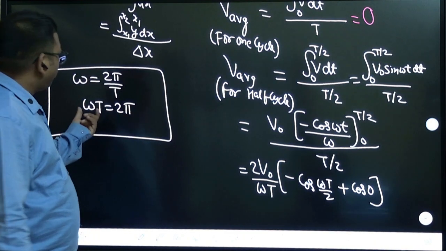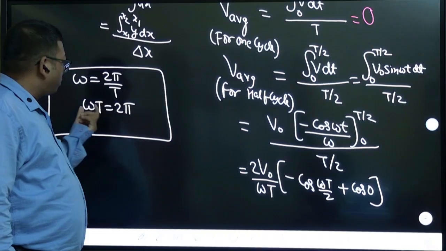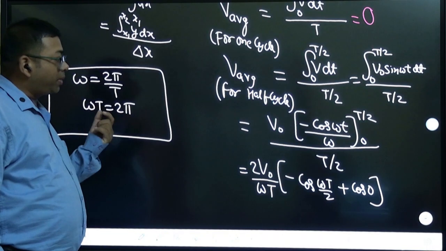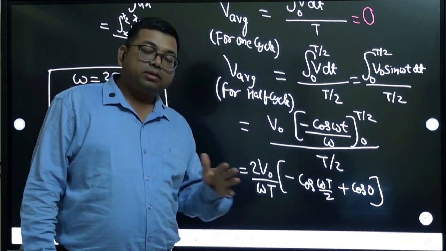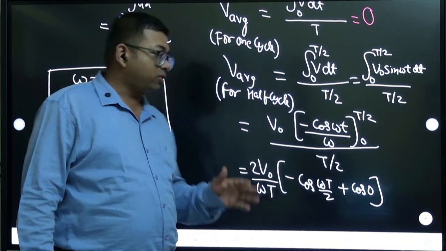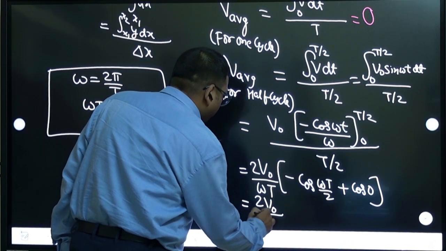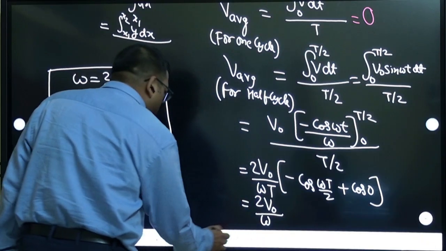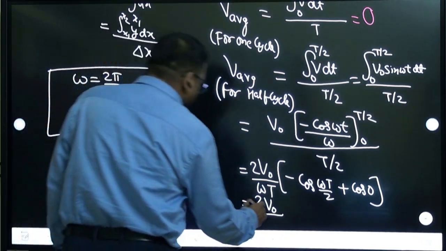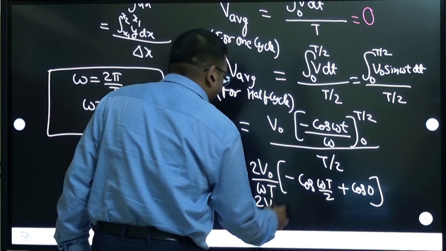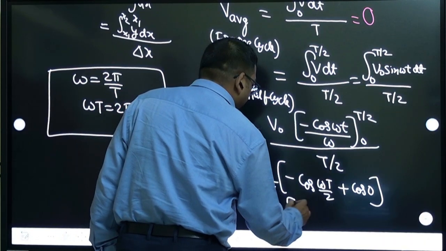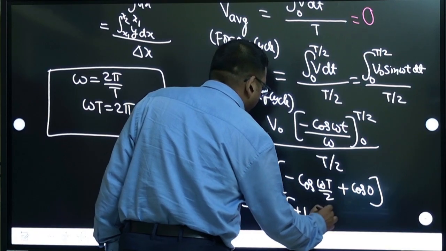Now, omega T is 2 pi, so omega T by 2 will become pi, and cos of pi, cos of 180, is minus 1. So this will become 2 V naught by omega T. Omega T is 2 pi, and here it is going to be minus minus plus 1, and cos 0 is also 1.